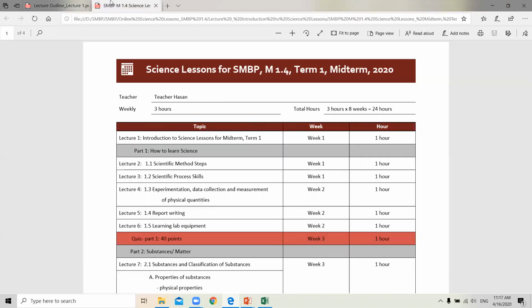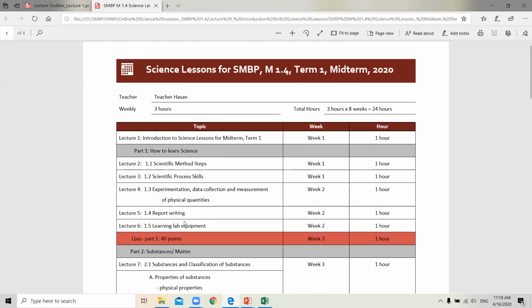Now, I would like to give you this information in details. So you see in the first lecture, today we are going through the first lecture, Introduction to Science Lessons for Midterm Term 1. And after that, we'll start with how to learn science. And over there, we will study about scientific method steps, then scientific process skills, experimentation, data collection, measurement of physical quantities.